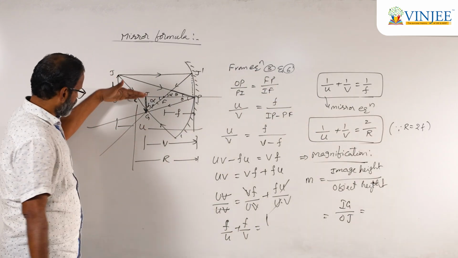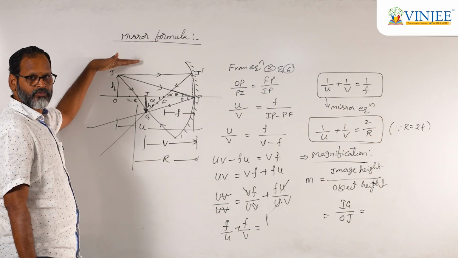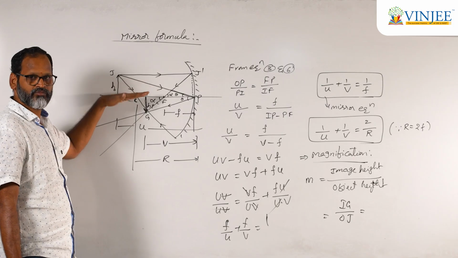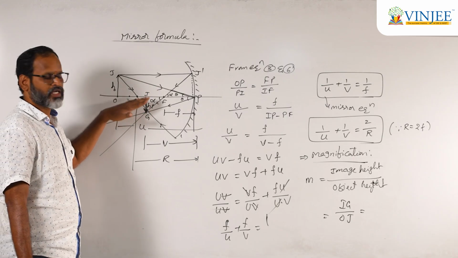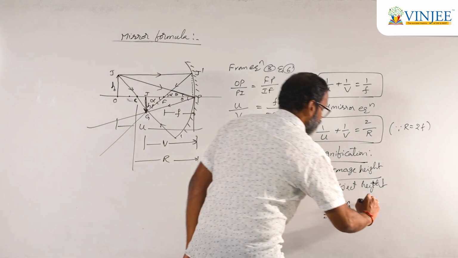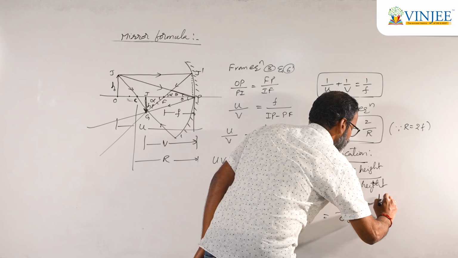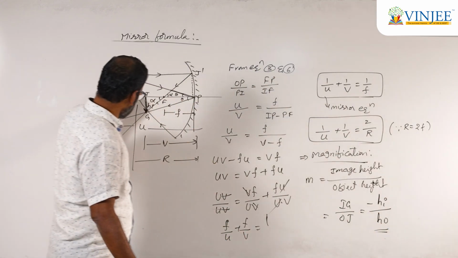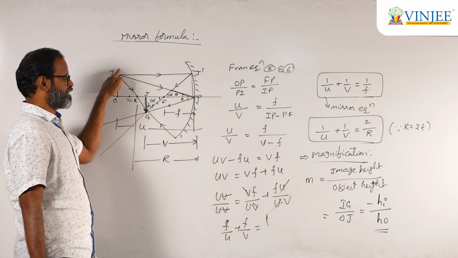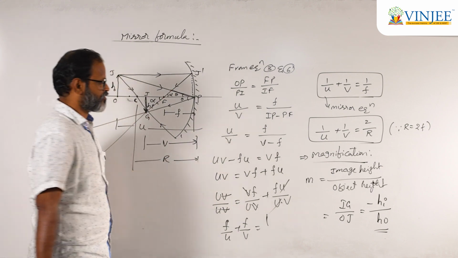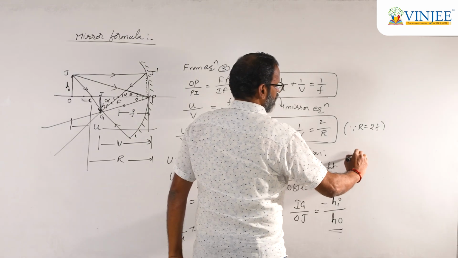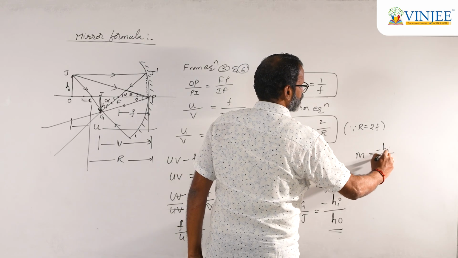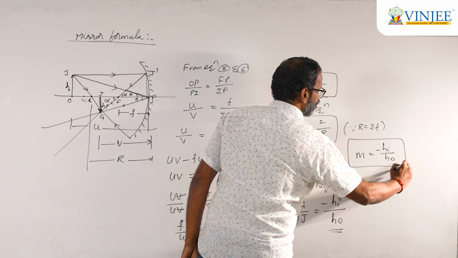The distances measured above the principal axis are positive, and distances measured below the principal axis are negative. Hence IG is taken as the height of the image, HI, divided by the height of the object. Image height is negative and object height is positive. Therefore magnification is equal to HI by HO.